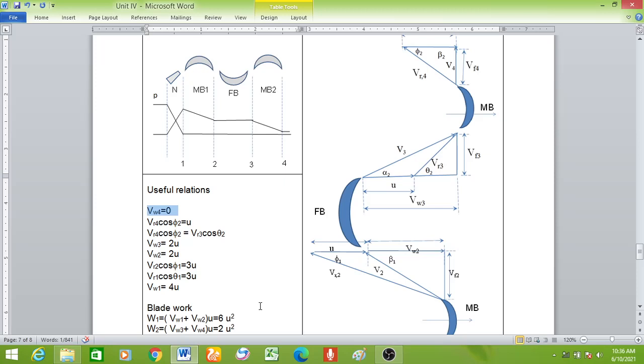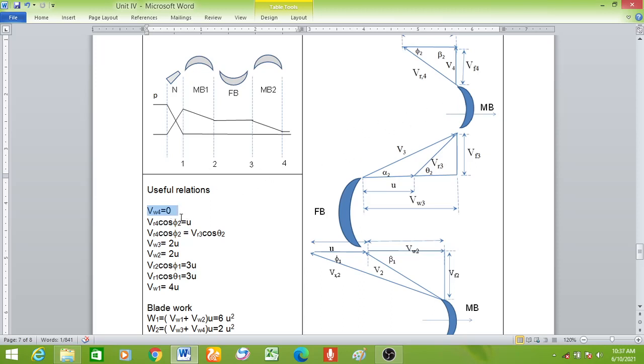We have to draw the velocity triangle four times: one at the inlet to the first set of moving blade, next at the outlet of the moving blade, that is the inlet of the fixed blade, then the outlet of the fixed blade or the inlet of the second set of moving blade, and finally the outlet of the second moving blade. So you will have 4 triangles, marked here 1 2 3 4, and for maximum blade efficiency, Vw4 is equal to 0.